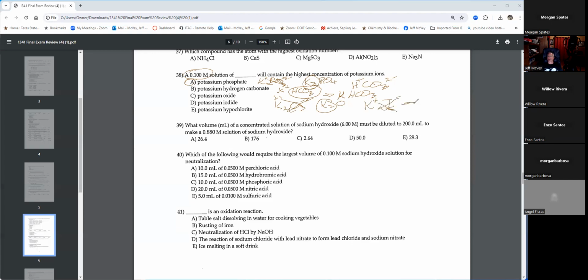Cross, that just gives you KI, so you only get 1 potassium. And then potassium hypochlorite: here's hypochlorite, ClO with a -1. It's a crisscross, and you get KClO. Okay, so A is the obvious winner.